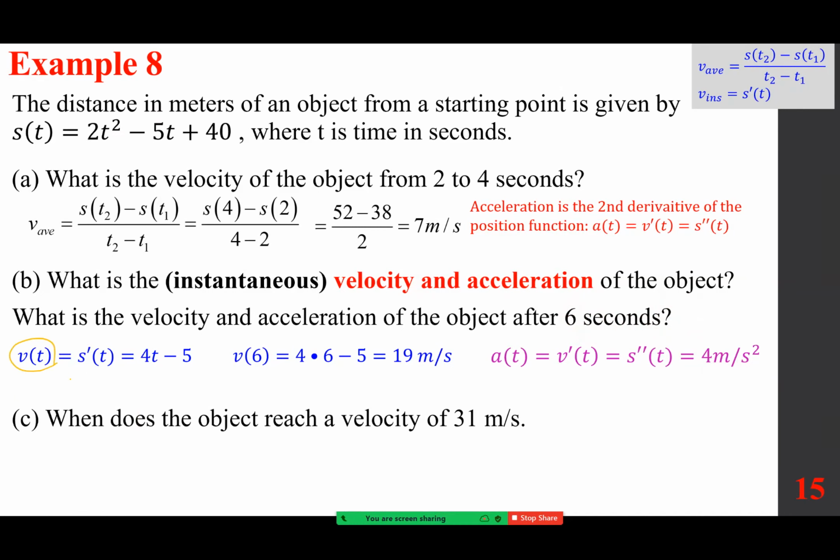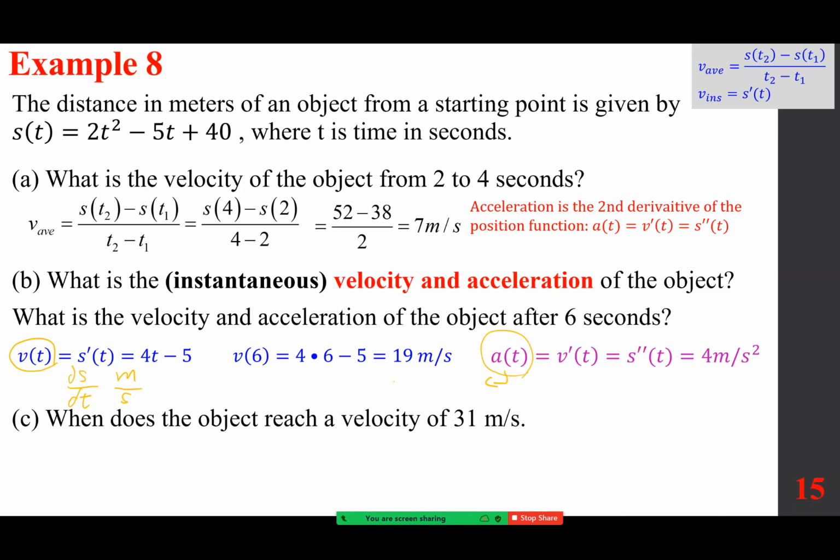This is ds dt, the change in position over change in time, and it makes it meters per second.